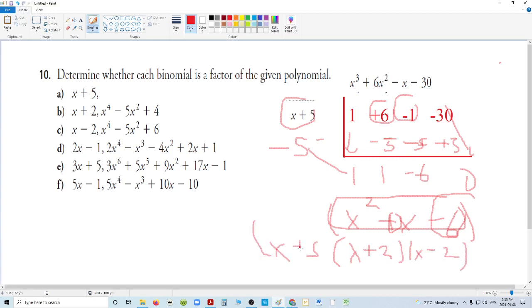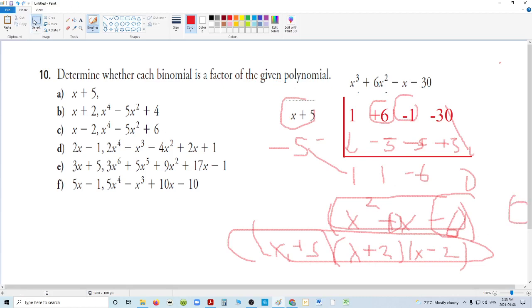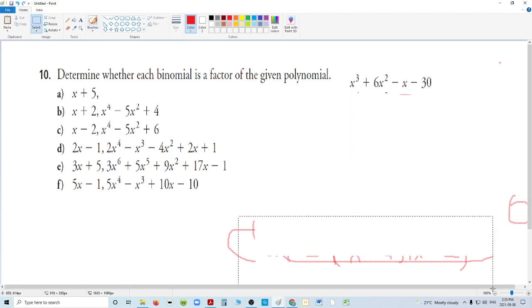So here are the three factors that will multiply out to get this trinomial. So indeed, the answer to the question is, we didn't need to do this last part, but x plus 5 is indeed a factor because the remainder was 0. You can see synthetic division is a lot faster.